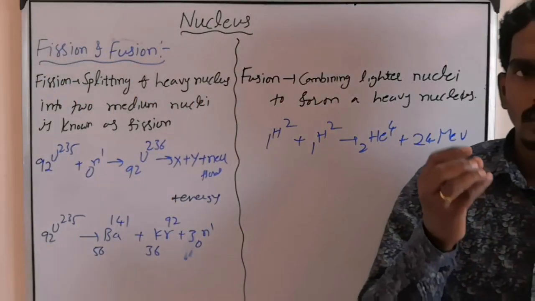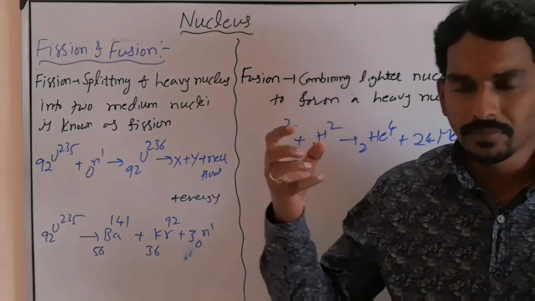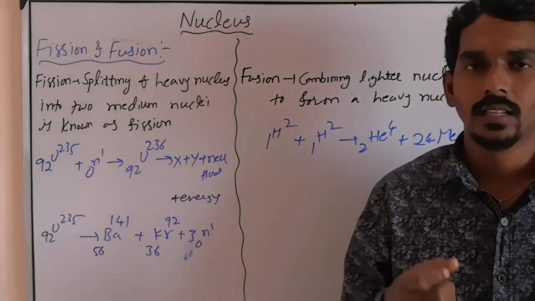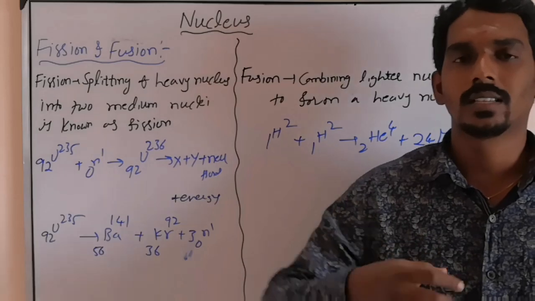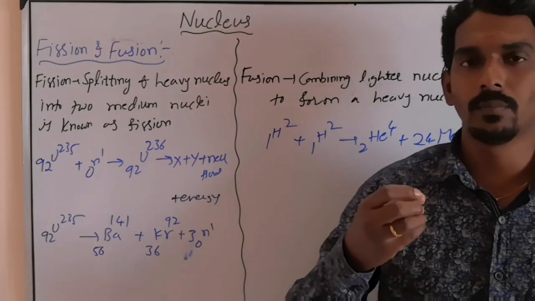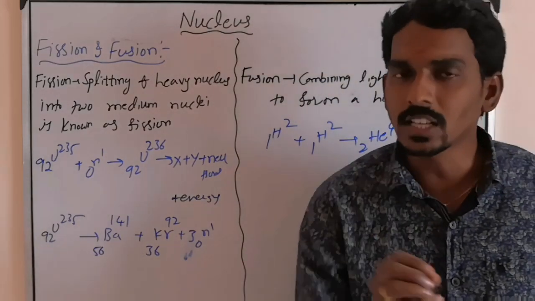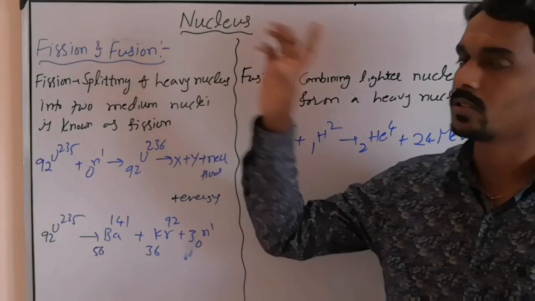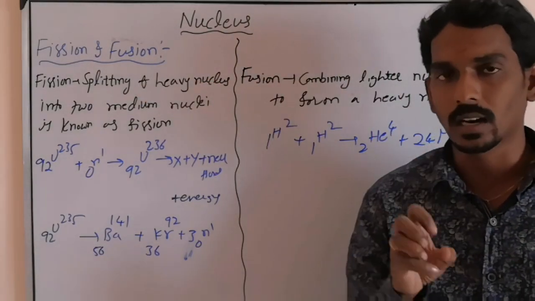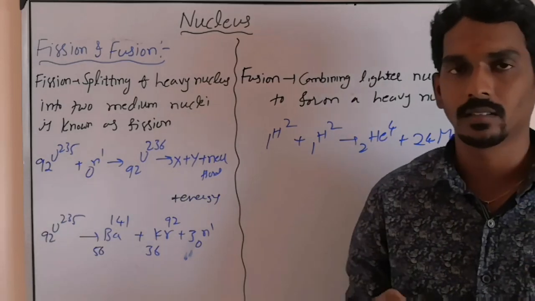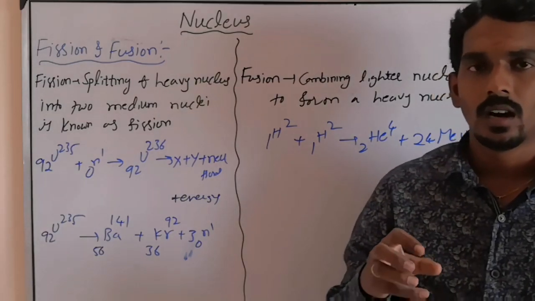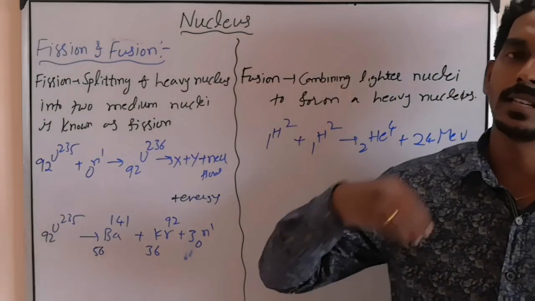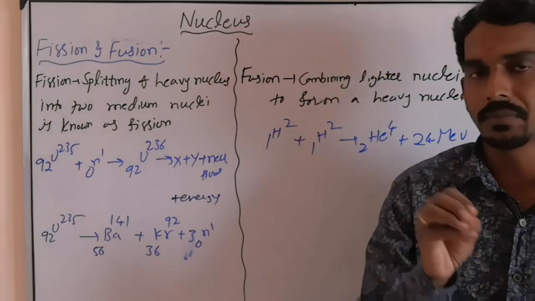If two small nuclei combine, then the resultant nucleus will be heavier, and such a process is called fusion. How they combine and the conditions, we'll study later; I am just telling the definition.